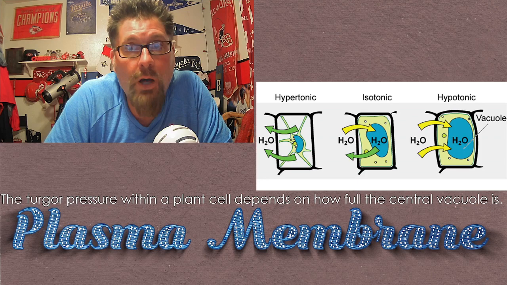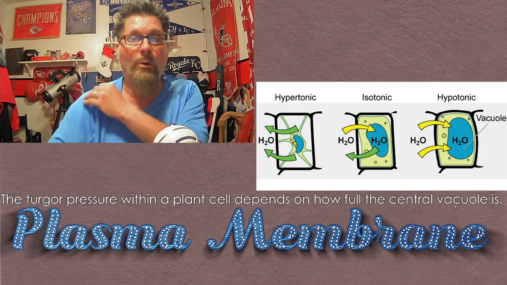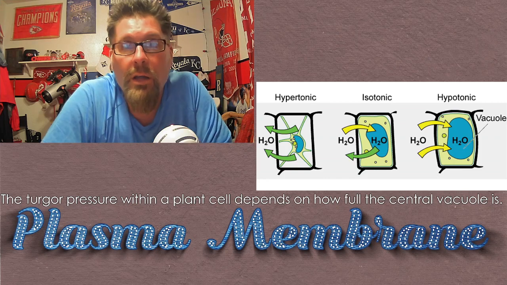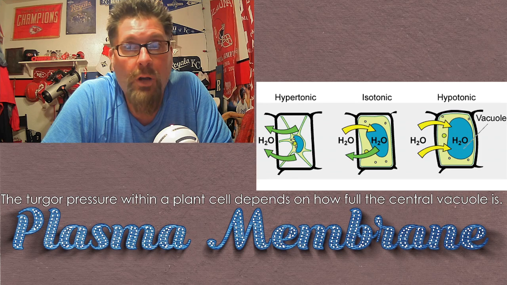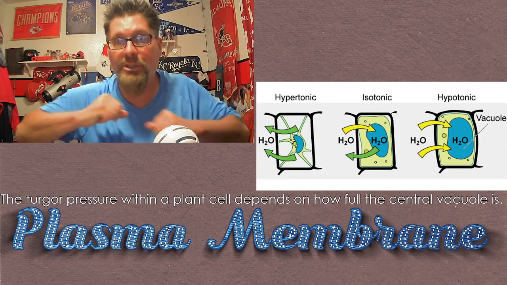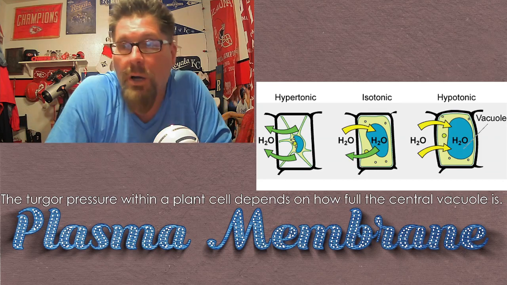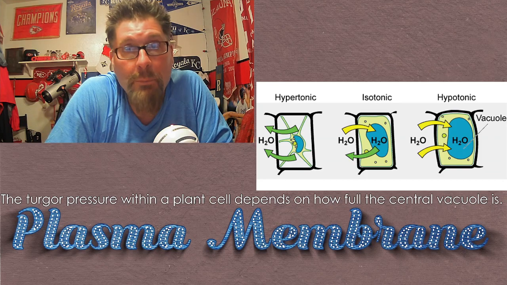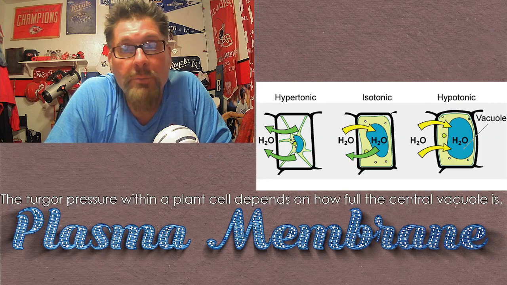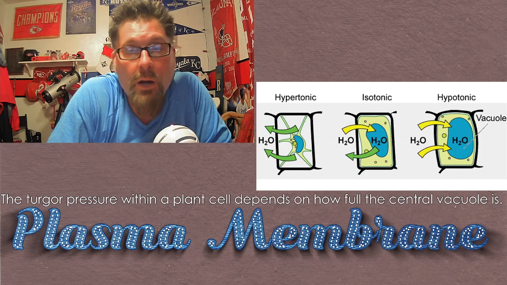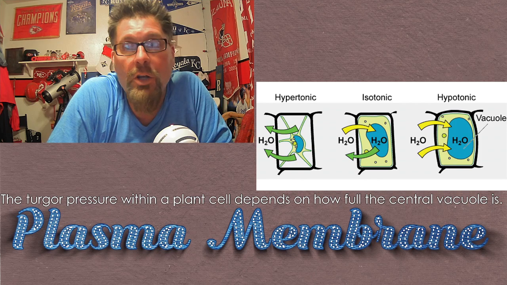And the reason why is because plant cells have a central vacuole. Okay, they've got that one big vacuole in the cell, and it likes to be full of water, because when it does, that water presses against the cell wall. And when that happens, just like our vertebrae, those cells become very firm and hard, rigid, almost like a brick now.